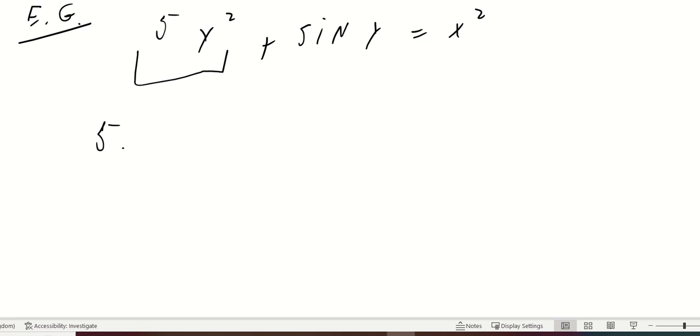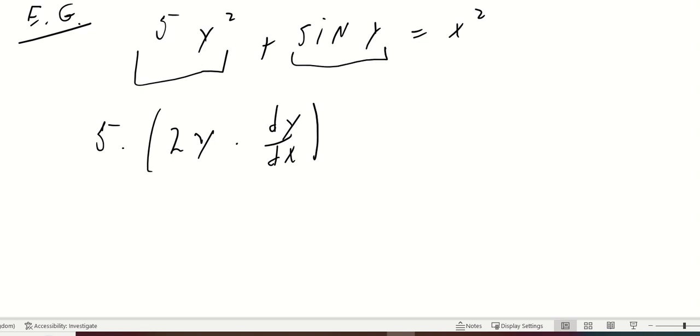Now, to differentiate y squared implicitly, it's actually the chain rule. So we differentiate the outer function, which will be 2y, and then y is a function of x, so we need to multiply by dy/dx. That's a little bit of the chain rule. Then we differentiate sine y with respect to x.